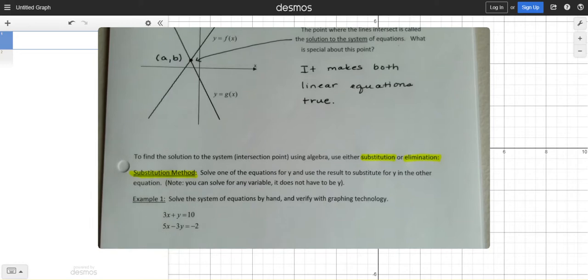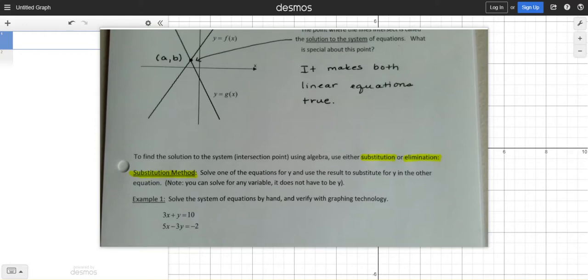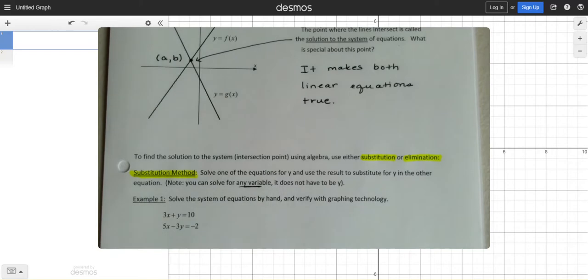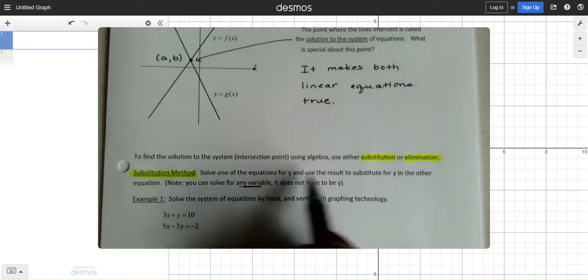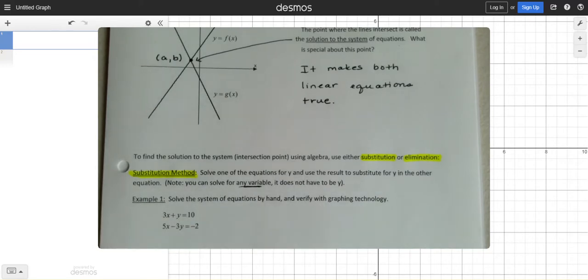Little note here, you don't actually have to solve for y. You could solve for x, or if your variables weren't x and y, if they were other letters, you could really solve for any variable. It doesn't have to be y. It was just easier to type it up that way.